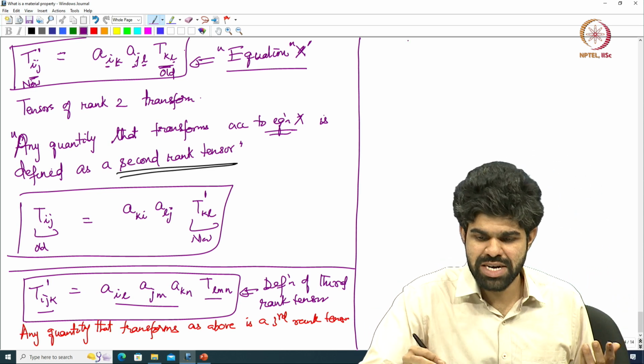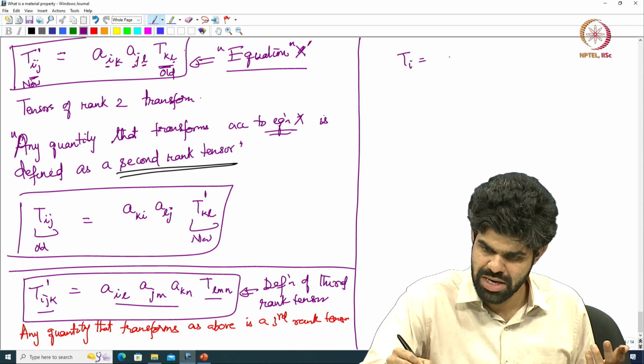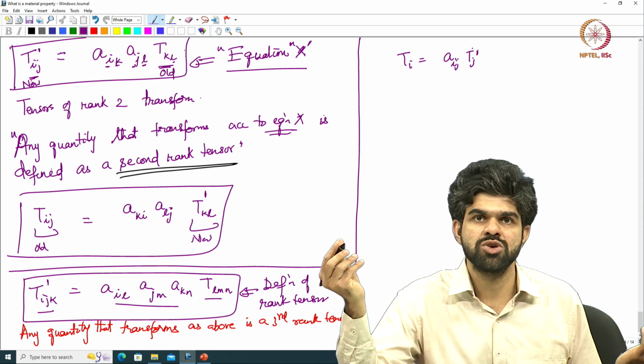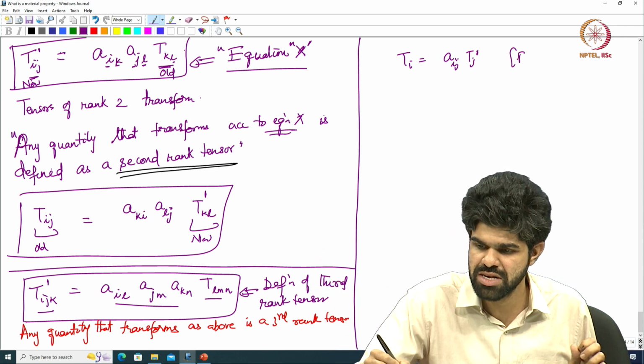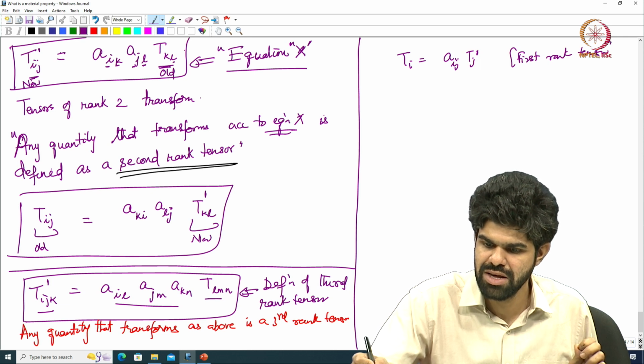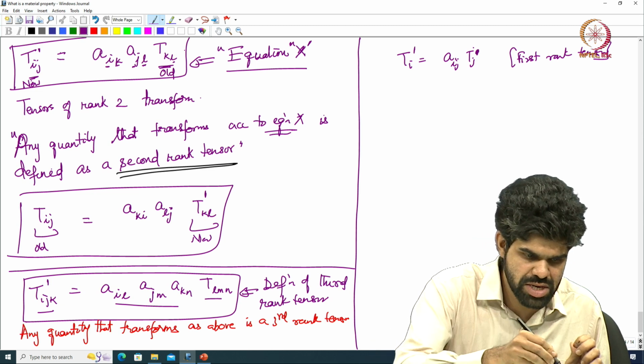Then the first rank becomes much easier: T'i = A_ij T_j. That is just your pyroelectric tensor, a first rank tensor.